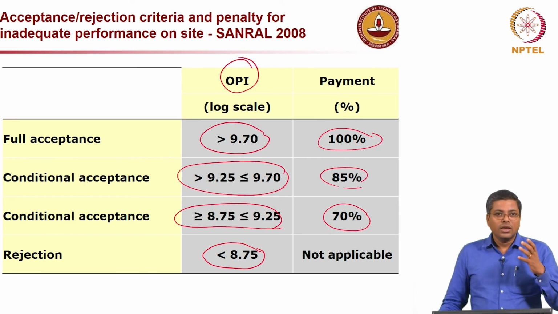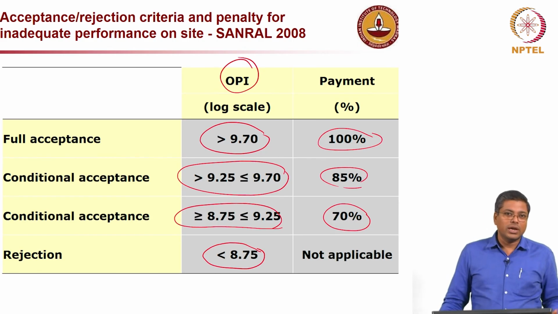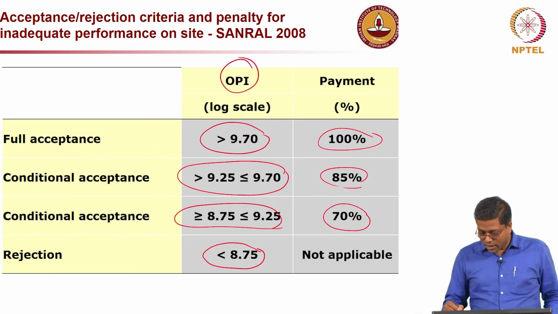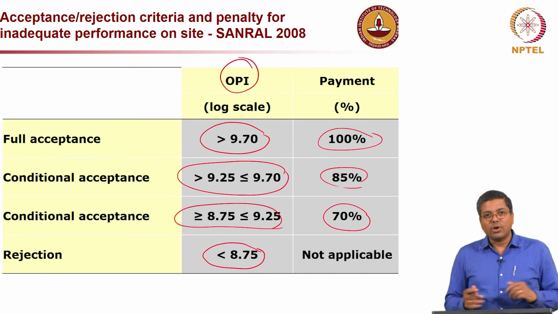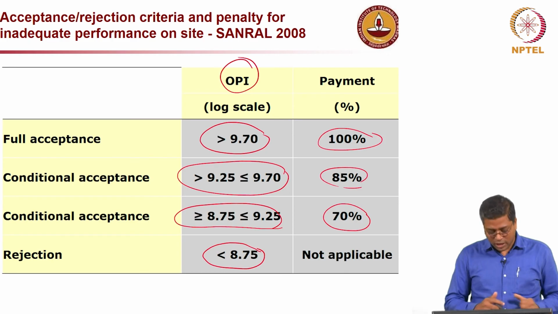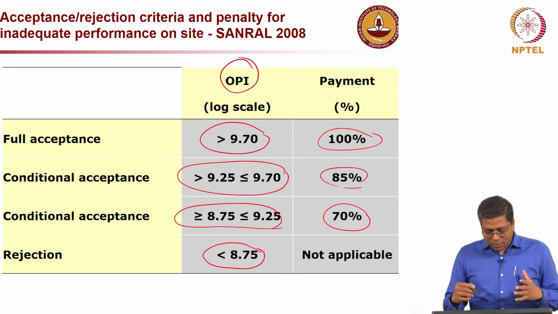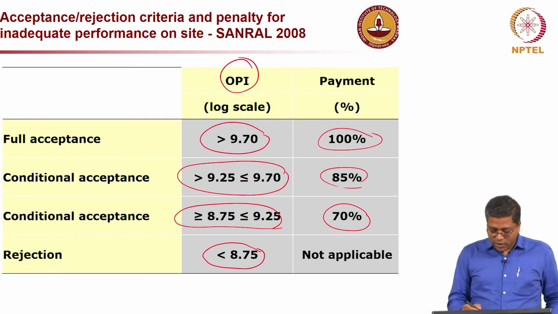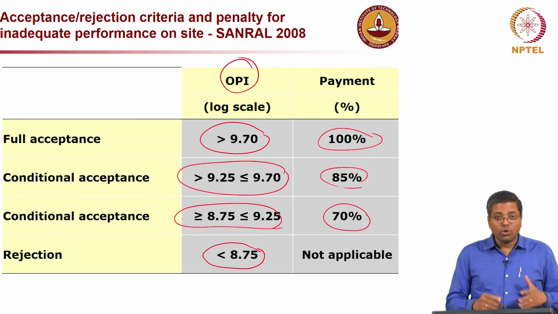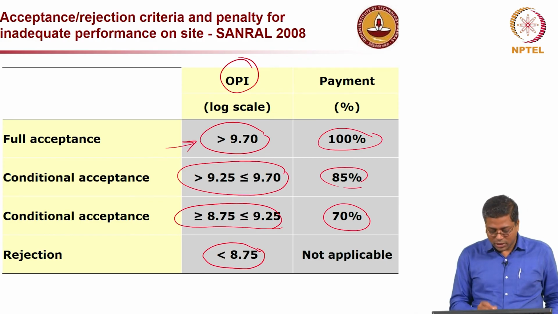But if the performance of the concrete is not good, there will be an impact on the payment. In this particular project, which was done in South Africa, what they found is that almost all the concrete elements had an OPI of greater than 9.7.